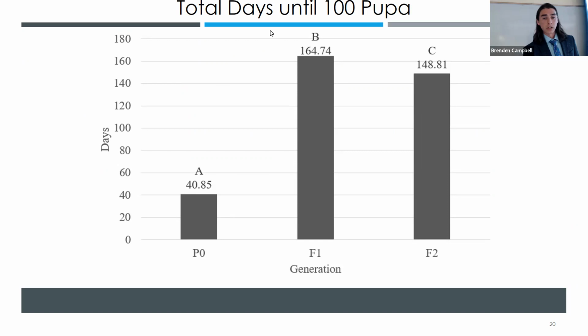It's a little bit hard to see at the top here. So when talking about how long it took each generation to reach that point of 100 pupa, the first generation was received at a medium size. So they were already halfway through their life. They only took 40 days on average to reach that 100 pupa mark, which is statistically different than the F1 and F2 generations.